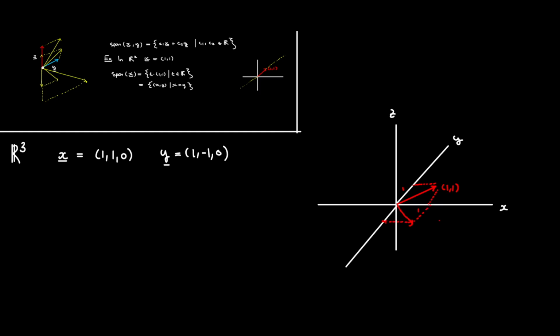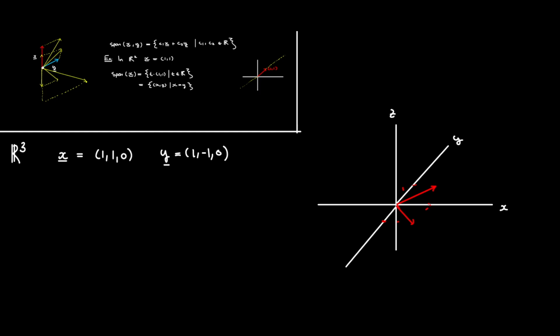Okay. Now, let's try to think: what are all the vectors which can be formed from these 2 vectors?